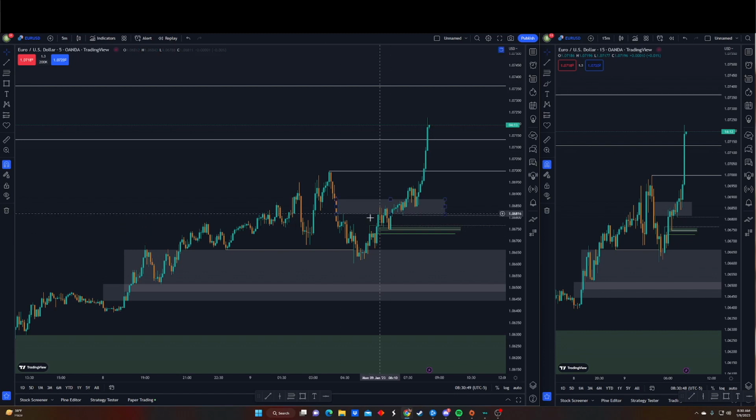We come into the fair value gap, it acts as support, and we get under it a little bit here, but that's still really precise. We move away from it, come back in one more time, hit an order block, and we just take off. Wow.